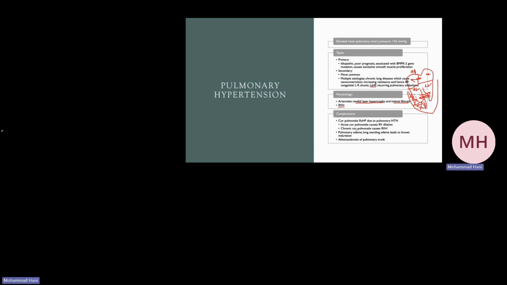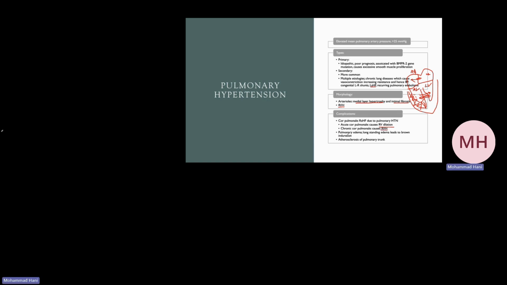Because in acute, there's just not enough time for the right ventricle to adapt. There's no time for it to hypertrophy, and the only thing it can do is dilate. That's why you see right ventricular dilation in acute cor pulmonale. In chronic cor pulmonale, there is time to adapt. That's why you see right ventricular hypertrophy.